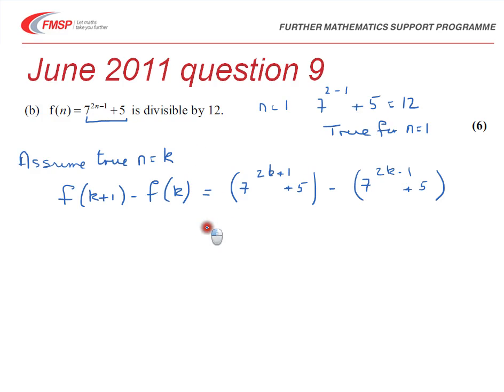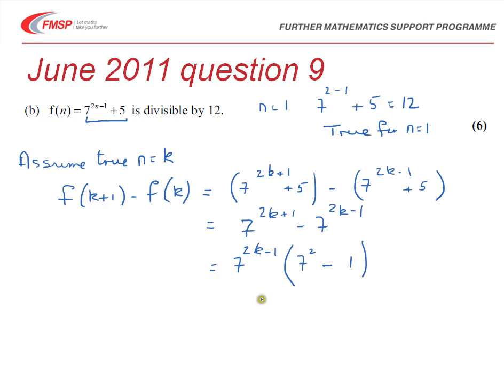Well, combining these, obviously the 5s are going to cancel out. So we get 7 to the power 2k plus 1 minus 7 to the power 2k minus 1. We can factorize out of that 7 to the power 2k minus 1, leaving us with 7 squared from the first one, but we've taken out everything of the second term, so minus 1.